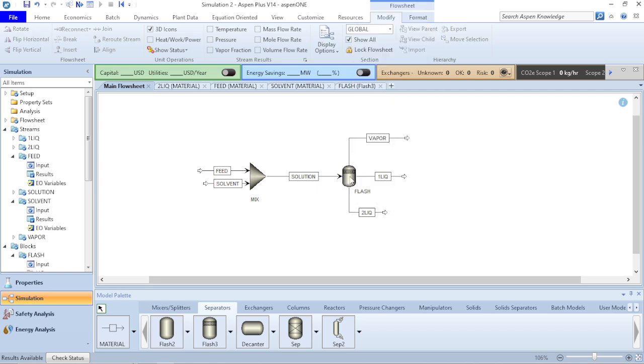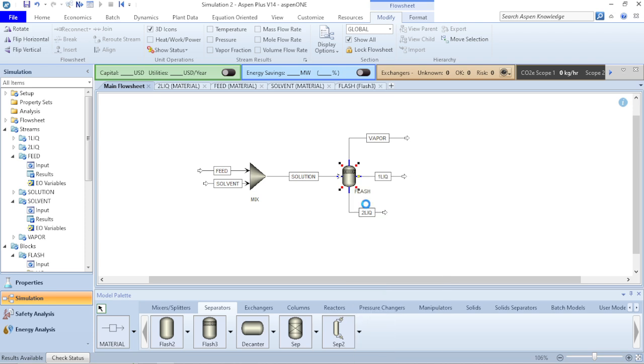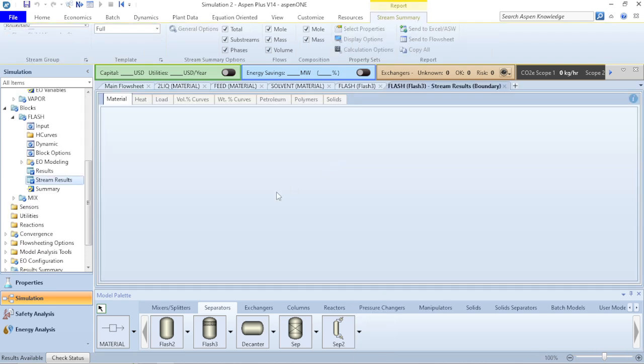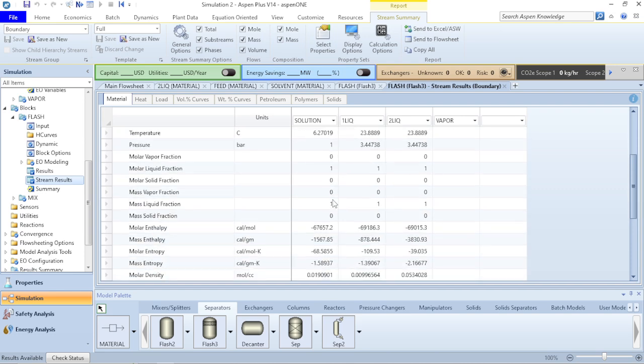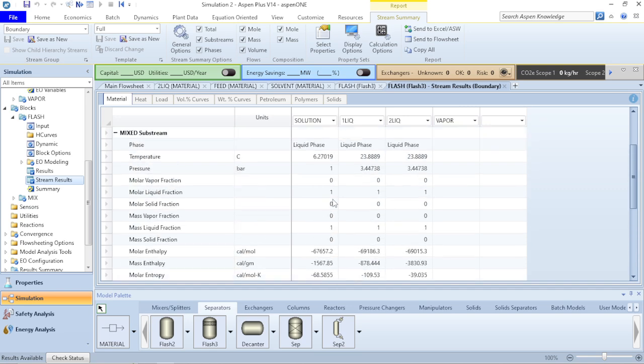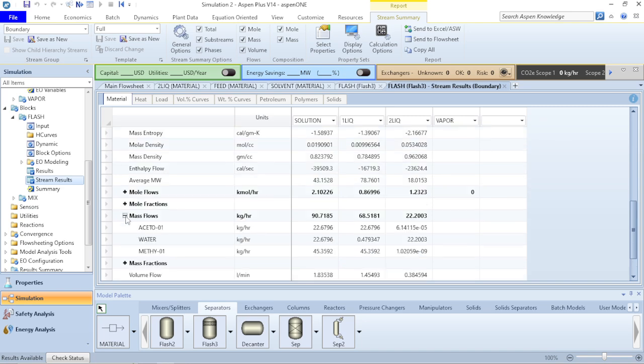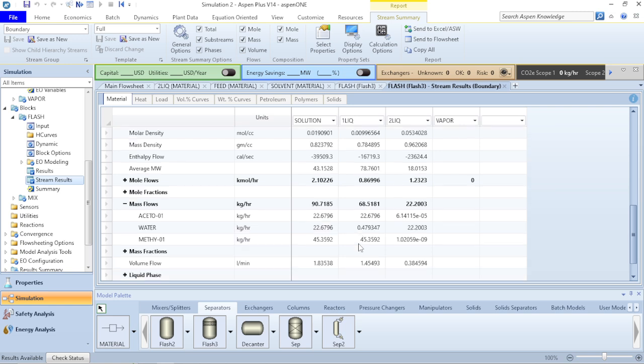Here I right click, and then go to stream results. All right, so now I can monitor what we have here, and then let's just go to the mass flow and see what we are having.